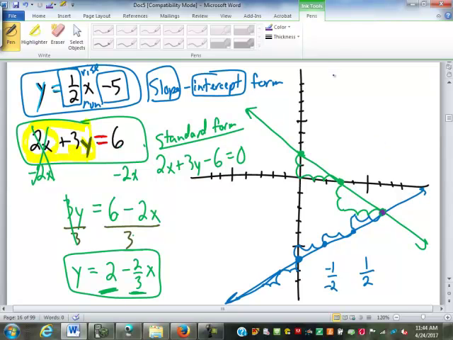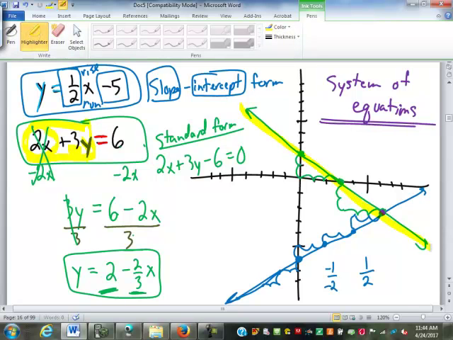But a system of equations is simply two or more equations, and we're looking for solutions that make them all true at the same time. So here, remember the green, that is the set of all points, all ordered pairs of x and y, that make this equation true, in fact, this one.